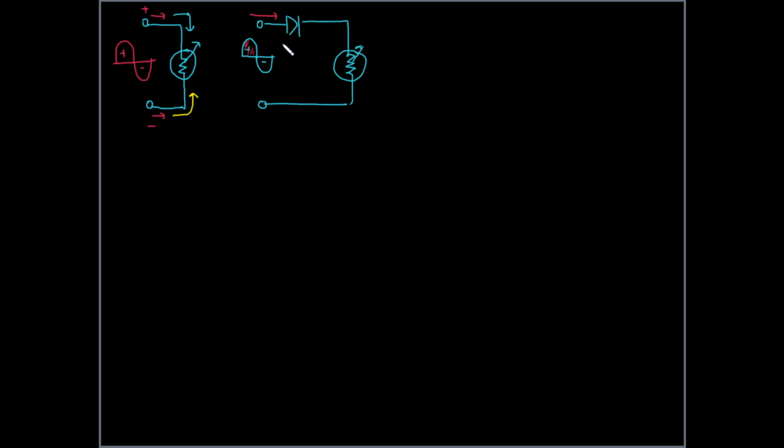Well, that's for ideal instances, but in reality, of course, you also have a measurable forward biased resistance for this diode. So in short, it's going to allow current to pass through it.